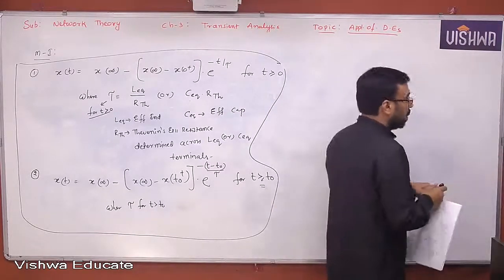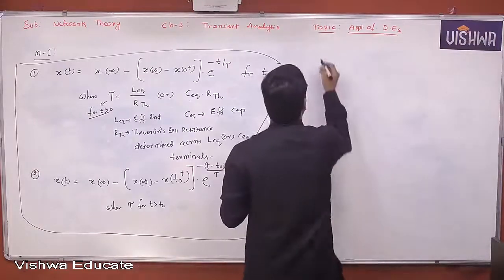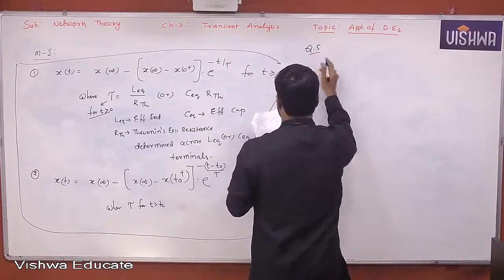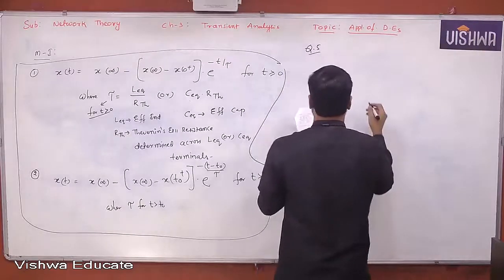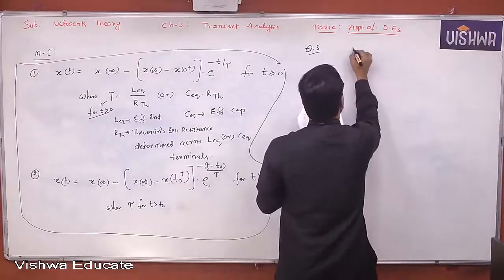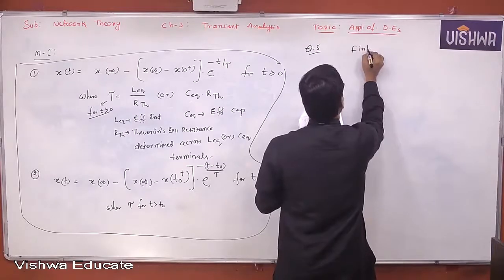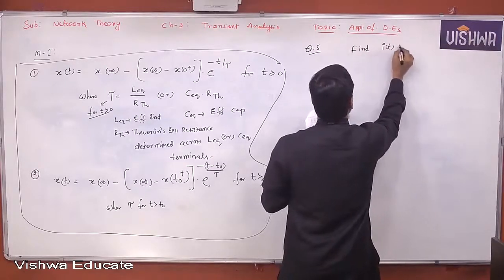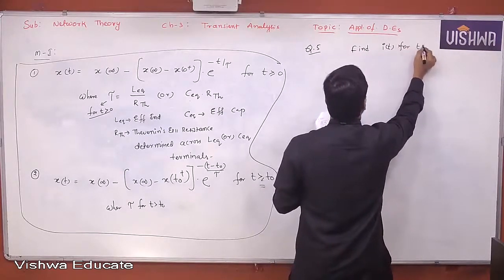But I would like to take a different problem here. Question number 5. Let us solve it. Find I of t for t greater than or equal to 0.